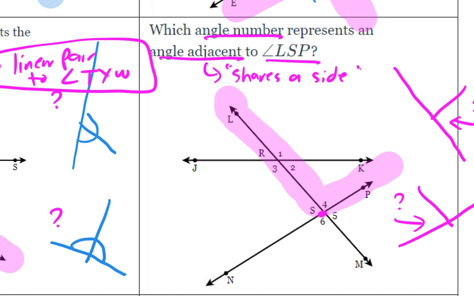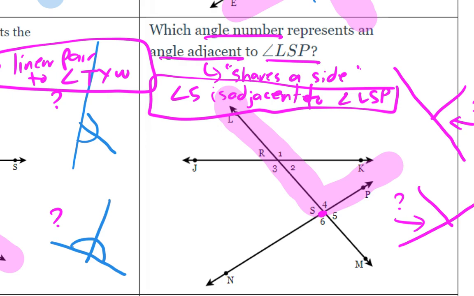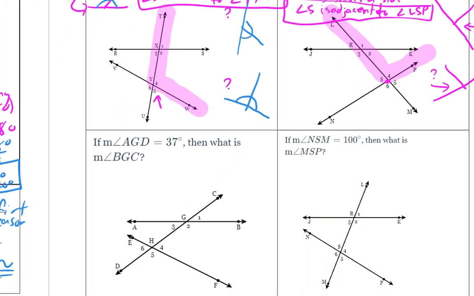That shares this side. This one sharing this side is a number 5. So we would say angle 5 is adjacent to angle LSP. All right, nice. Let's keep it moving.